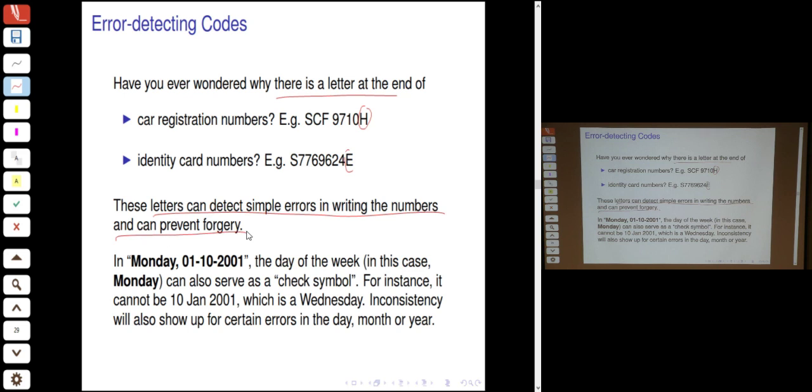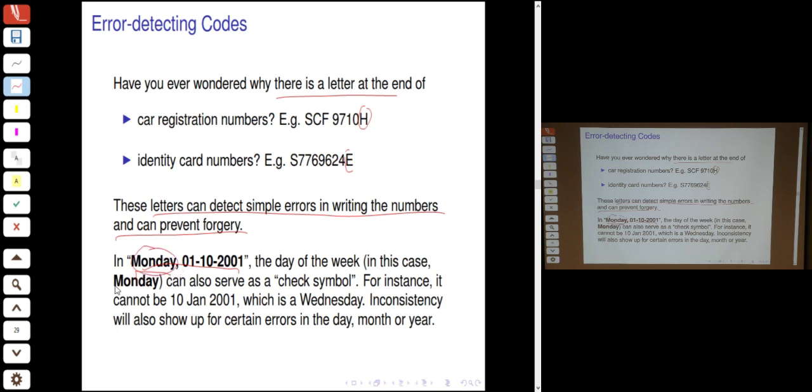So, here is a simple analogy. Suppose I say Monday 01/10/2001. Okay. So, 1st October 2001 Monday. Now, when I say 1st October 2001, I am already giving you all the information, right, because you can go back to a calendar and check what the date is. So, why do I need to also say Monday?